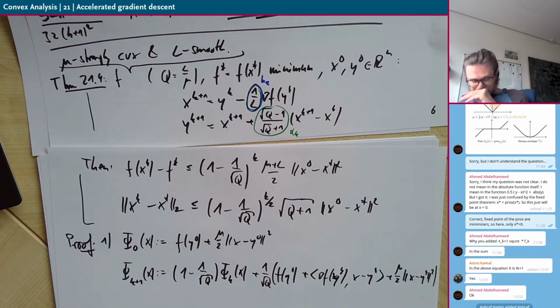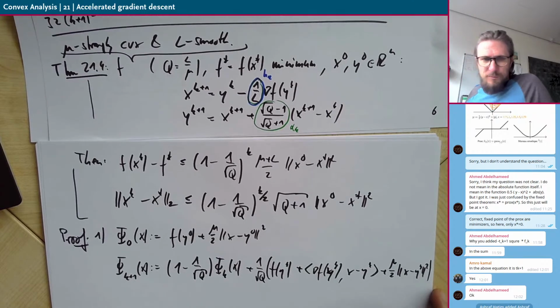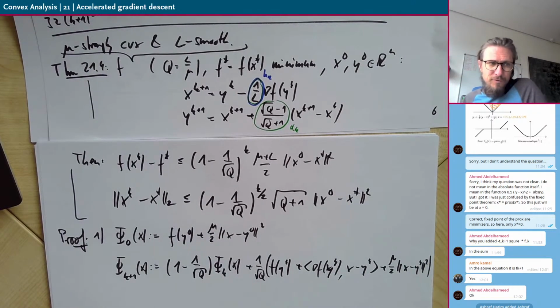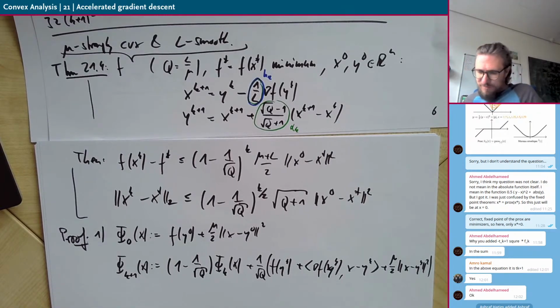Okay, so we defined it, and this is all due to Nesterov and his book, Lectures on Convex Optimization, or Introductory Lectures on Convex Optimization. He calls this thing an estimation sequence because we will see that this somehow governs the convergence of the function values.